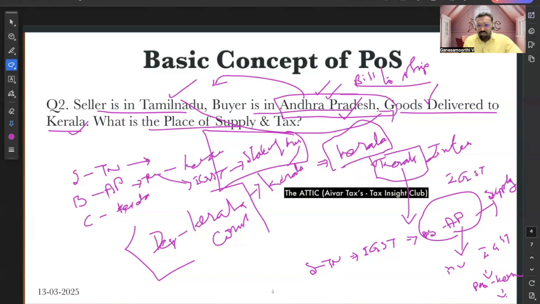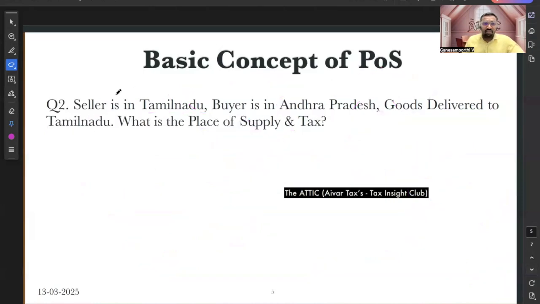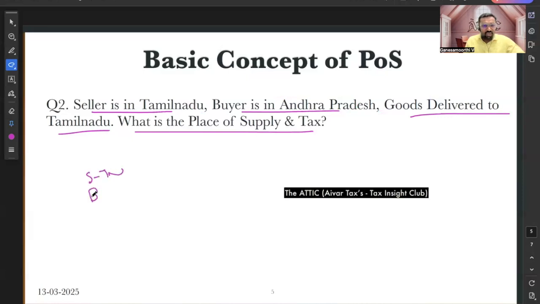Okay. So then the last question, number 3, is about the seller in Tamil Nadu, the buyer in Andhra Pradesh, goods delivered to Tamil Nadu. So the same query here: seller is in TN, buyer is in AP, same concept. But for goods delivered, the recipient is in Tamil Nadu.